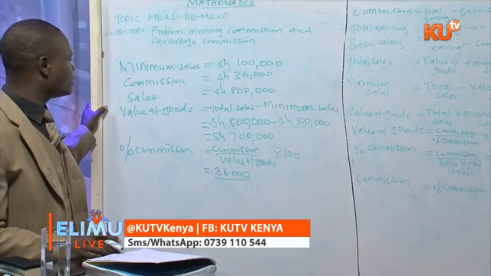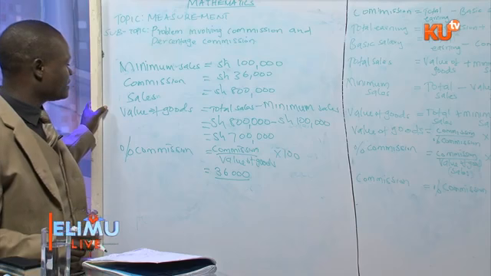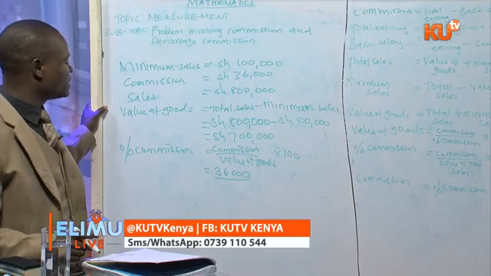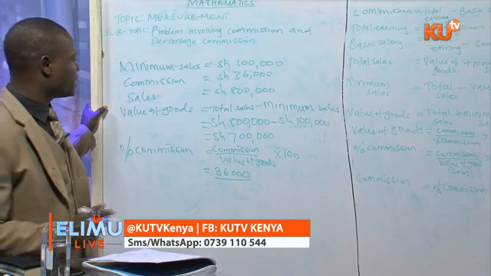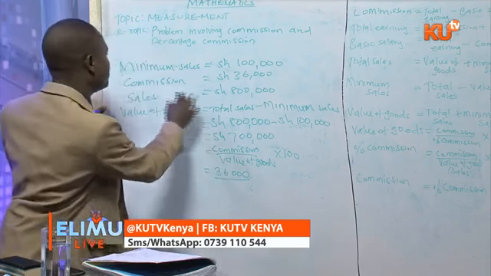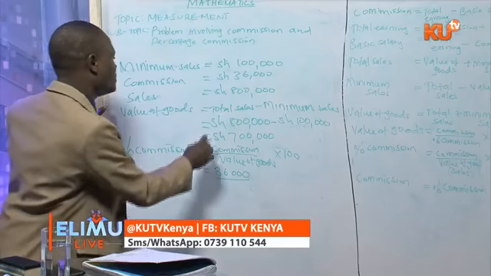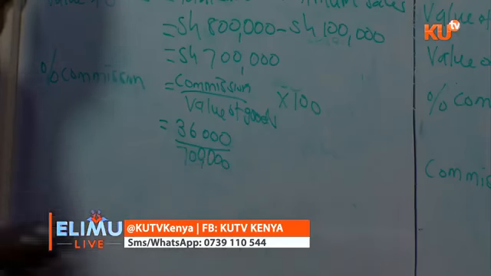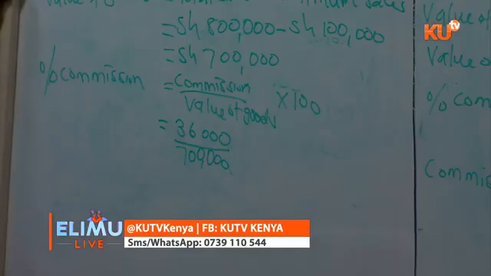He was given commission above a certain amount, and that is why we subtract. So instead of dividing by 800,000, we divide by 700,000, which is the value of goods from which he's supposed to get commission.